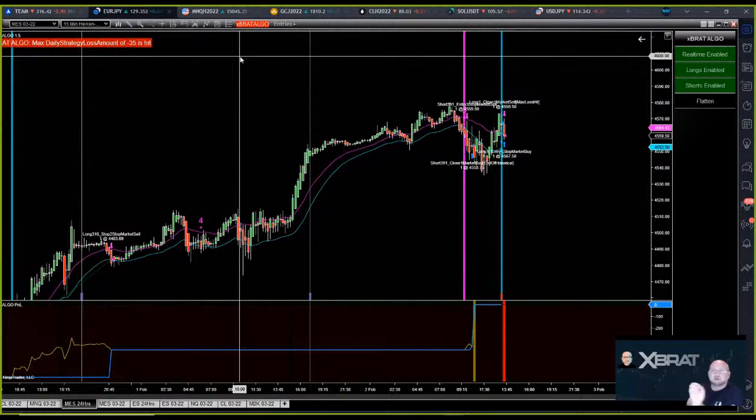Good. That's working now. So part of the auto trading strategy is I put this very tight just so we can test. If you've got a daily loss amount in ticks, for example, for that particular strategy, we can set that.